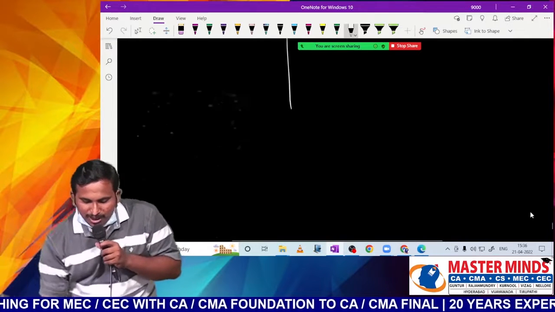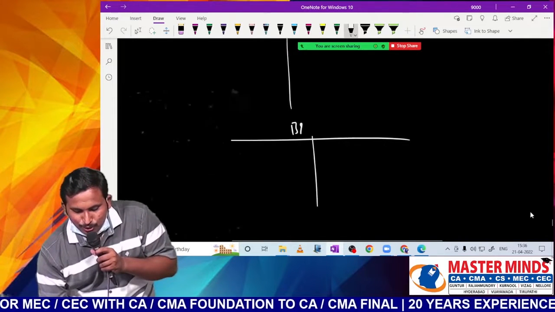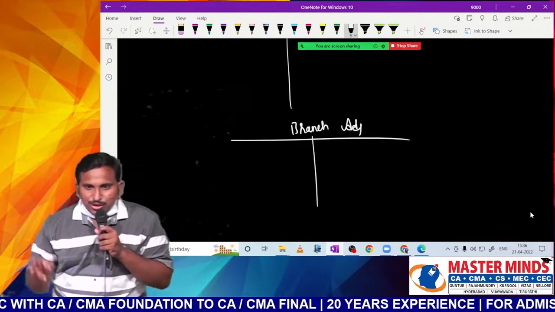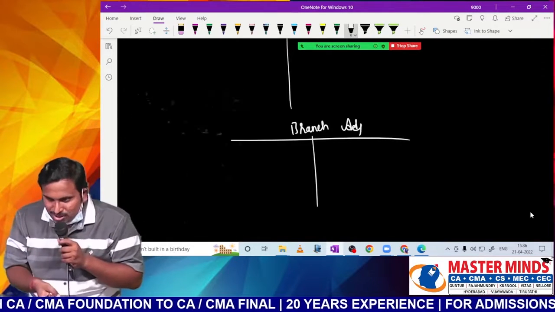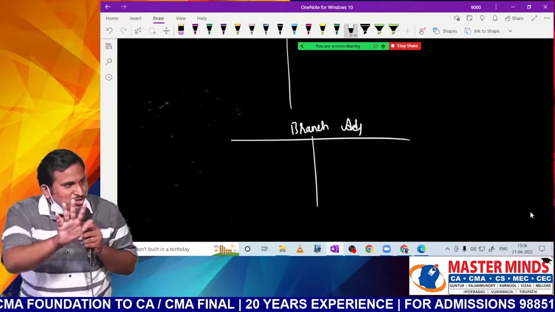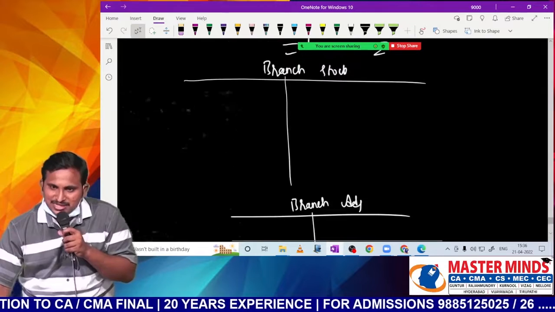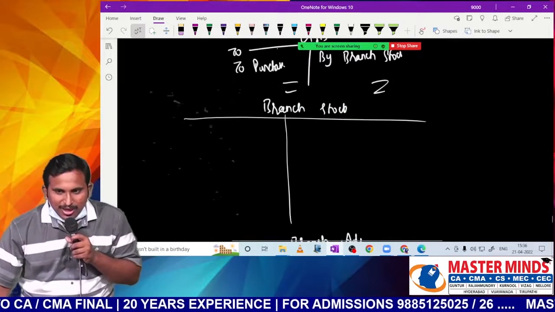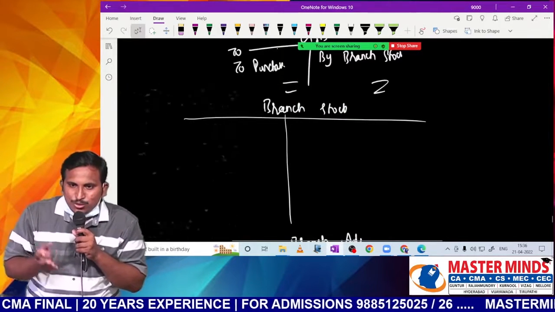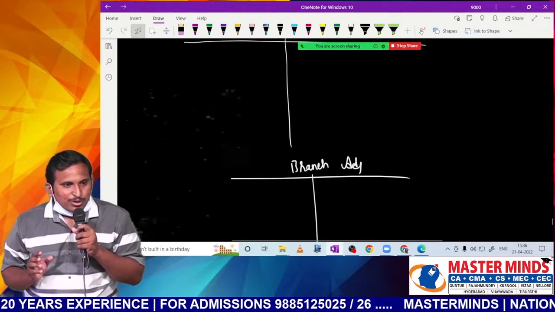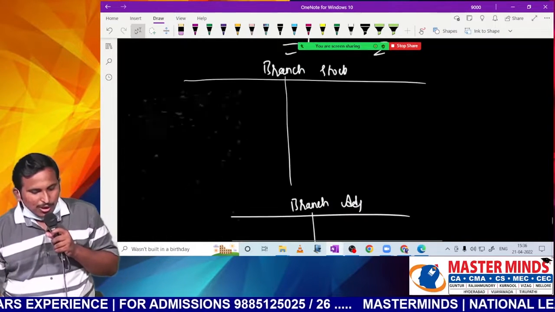Instead of the memorandum markup account, we'll have another new account called the branch adjustment account. Instead of those two, here we'll have these two, sir. The reflection will be the same. I'll show you how these two accounts will behave, exactly similar to our discussion in the morning. Branch stock will be similar to the memorandum stock account, whereas the branch adjustment account will be similar to the memorandum markup account.